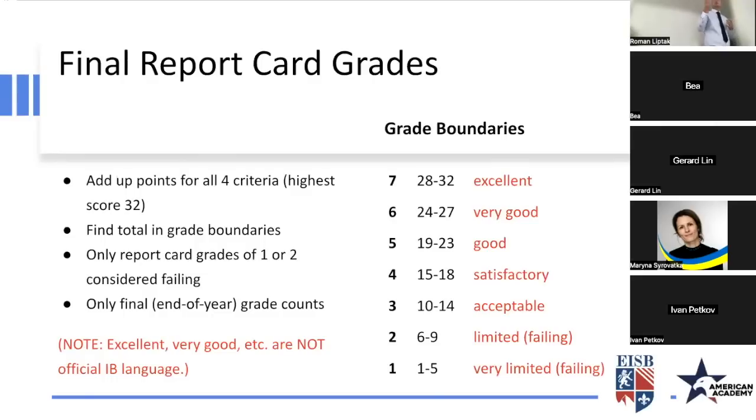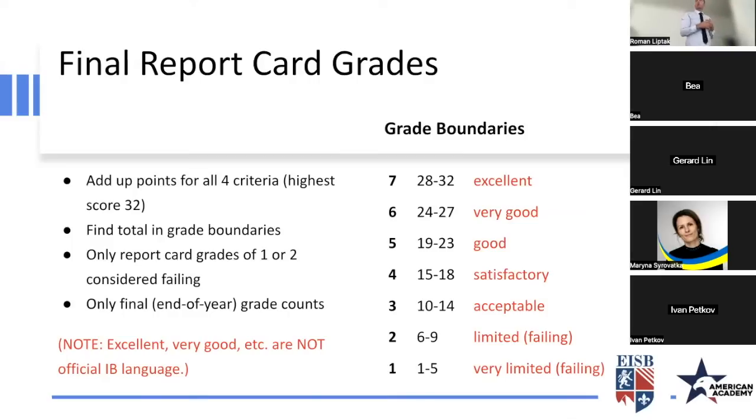So at the end of the year or at the end of the semester, we add up all the grades from all the criteria, and then we produce a grade. When we add it up, if it's 28 or 32, they will get a 7, and so on.